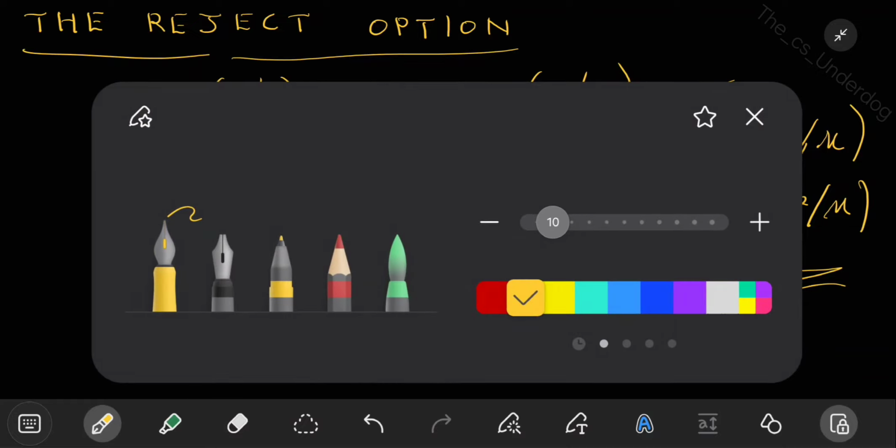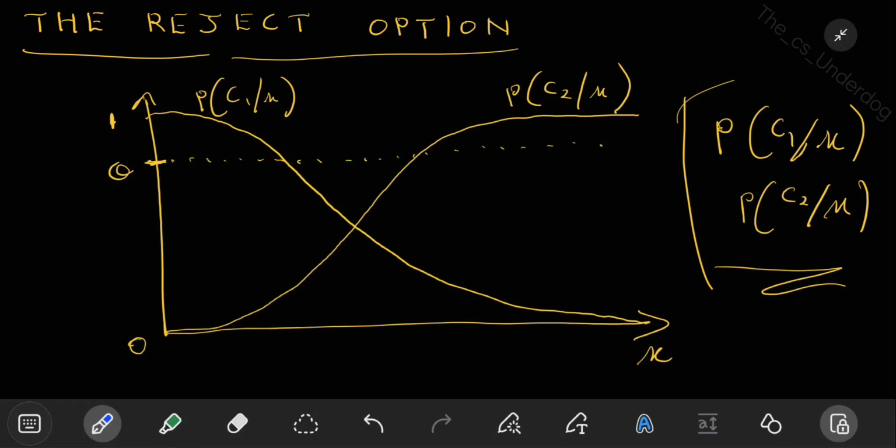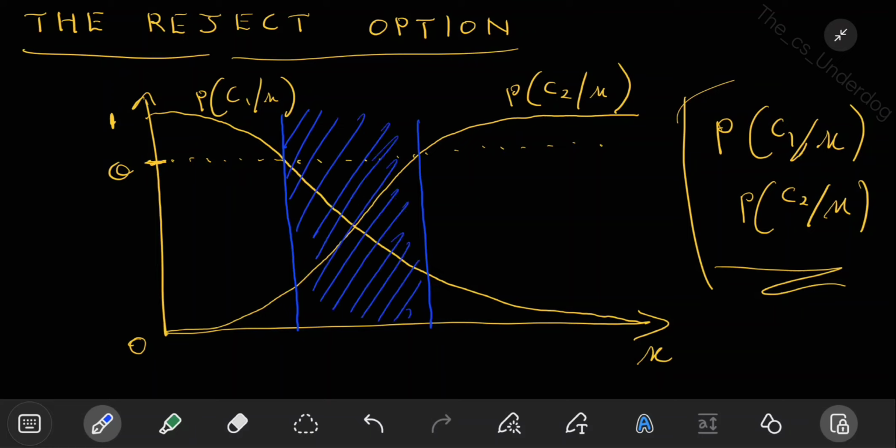So this is your boundary. Whatever comes inside this area, whatever values of x you have, all those values will be rejected. Whatever is in this area, you know that probability of c1 given x is above theta, so you will put this into c1.